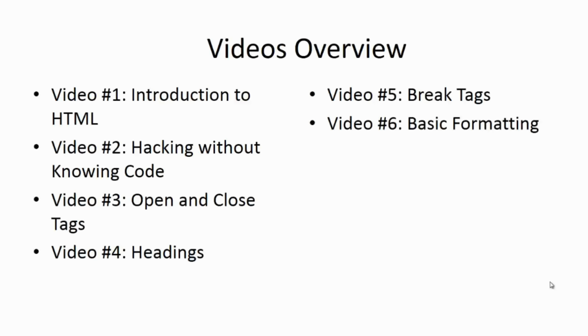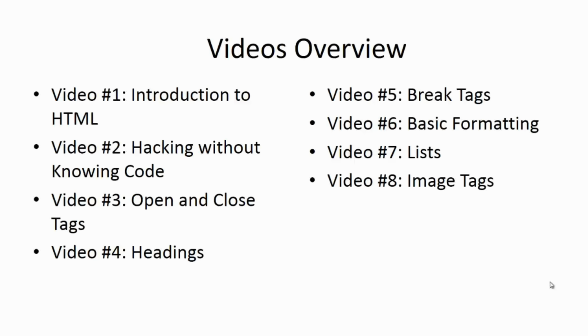Video number 6, we're going to talk about basic formatting: underlining, bolding, italicizing, things like that you are going to run into. Video number 7, we're going to talk about lists, unordered lists and ordered lists. How do you create these types of lists? Because this is something that you're going to want to do.